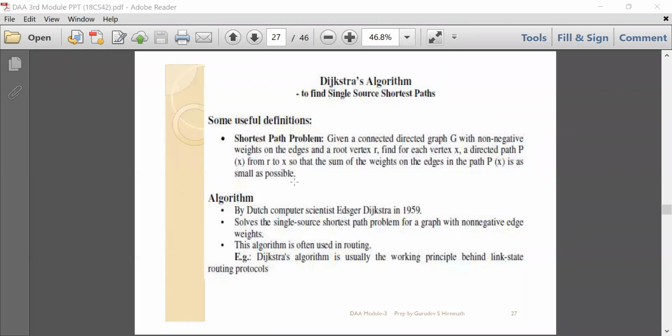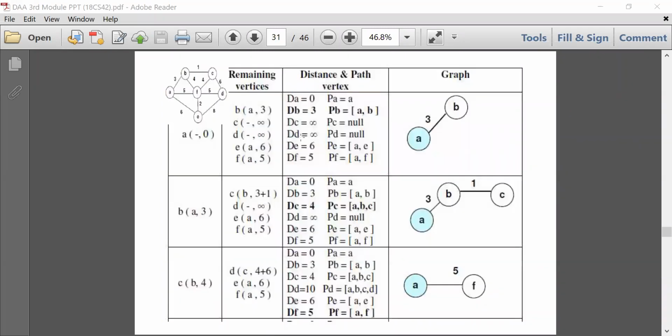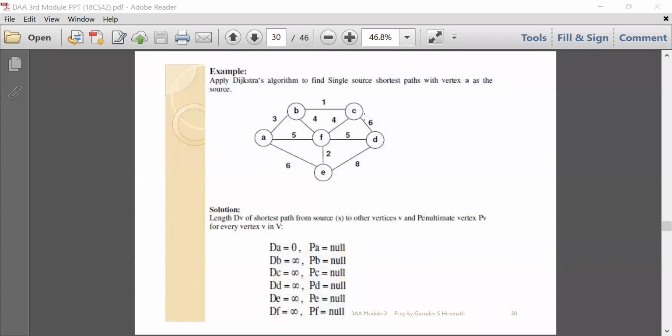Okay, for example, in this particular graph, if I choose A as a source, I need to find the shortest distance between A to B, between A to F, between A to C, between A to D, and between A to E. That is what single source shortest path means.